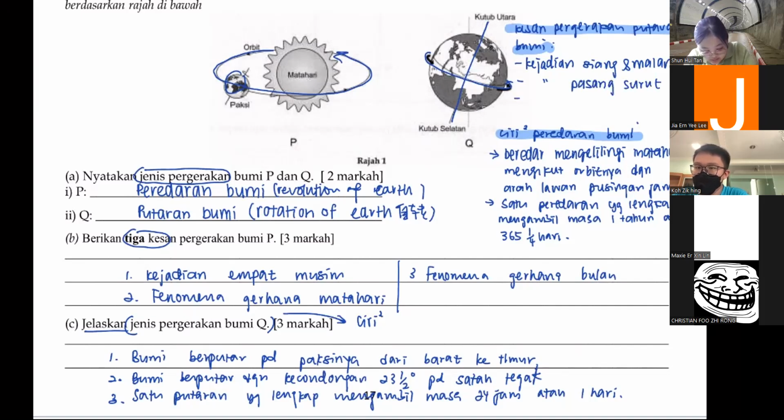And you have the change of wind direction, pembiasan arah tiupan angin, or pembiasan angin lazim. And one more is perbezaan waktu tempatan. Okay, this is an example of what they might ask you.